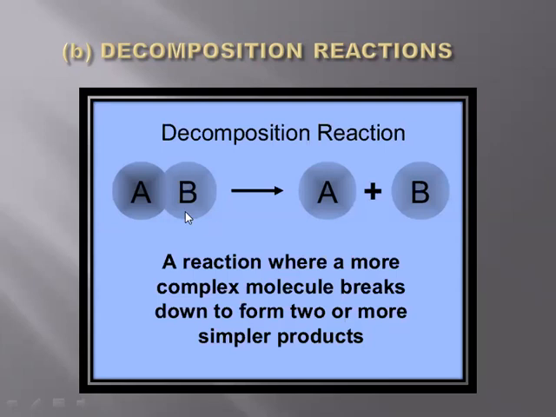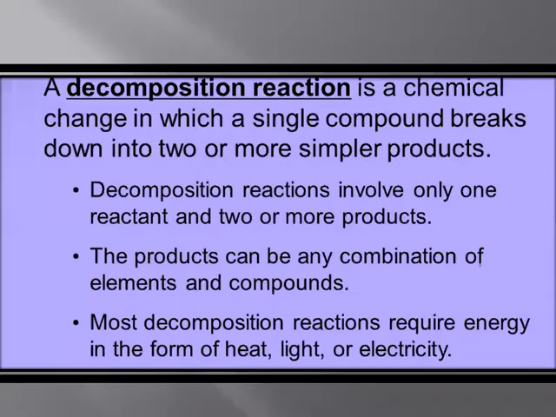Breaking down a big molecule to form smaller molecules requires external factors. A decomposition reaction is a chemical change in which a single compound breaks down into 2 or more simpler products. So we have only one reactant and 2 or more products. The products can be any combination of elements and compounds.